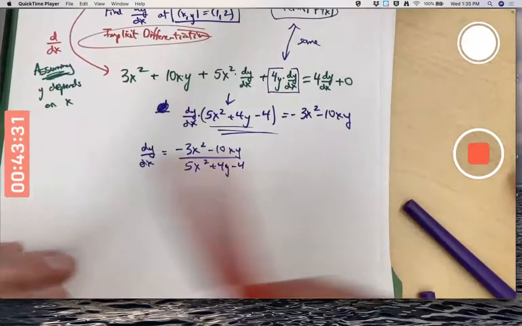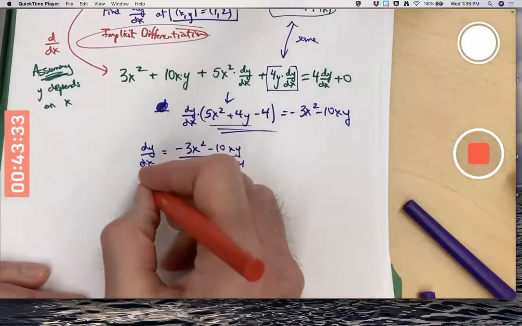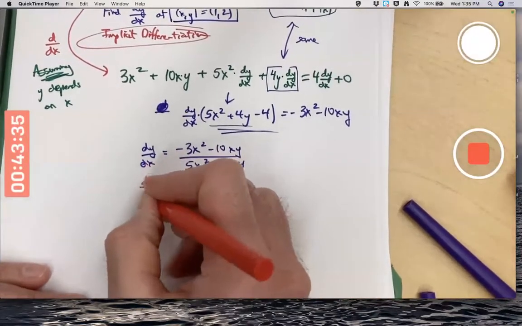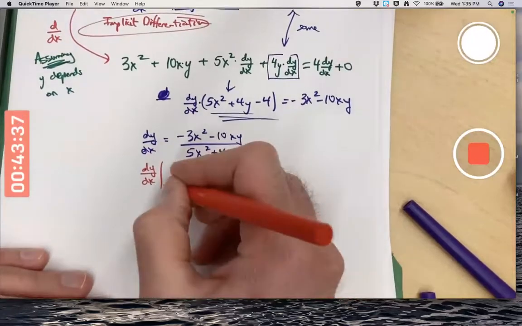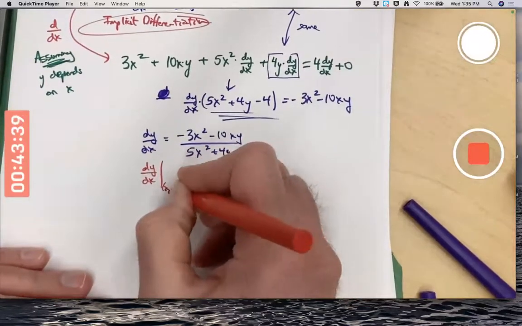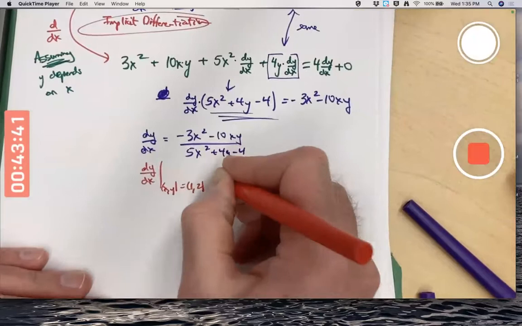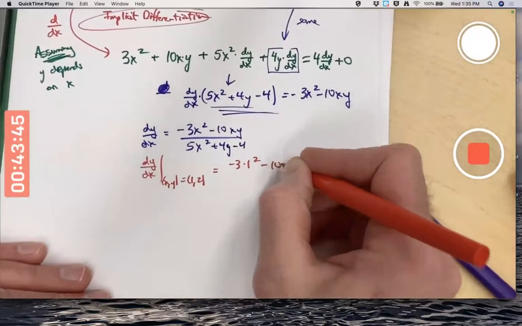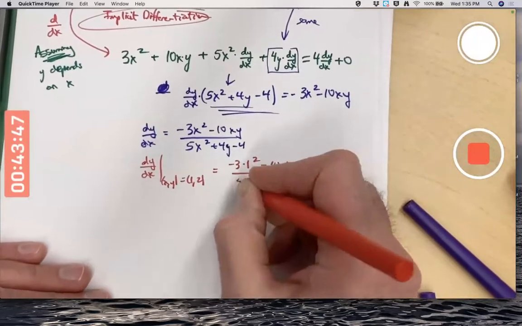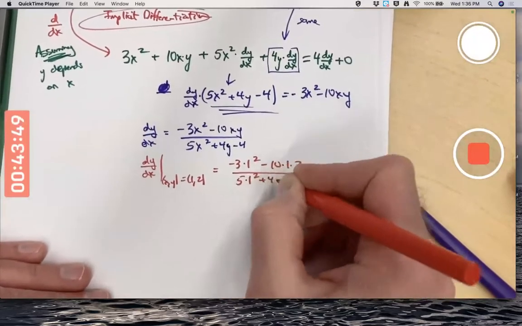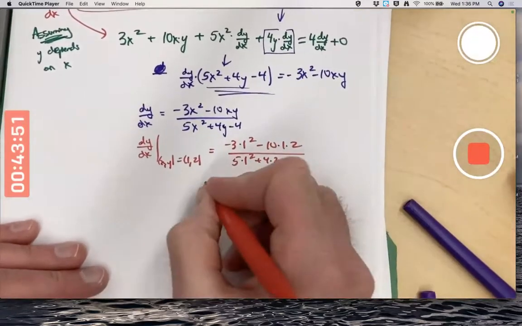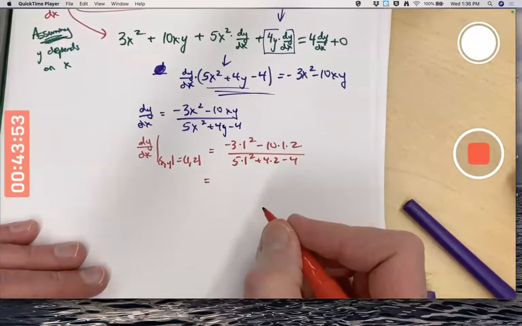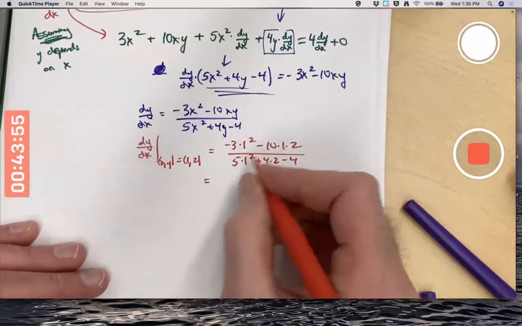Hang on here, pretty important stuff left. Go ahead and now evaluate this at the point 1, 2. We could use the vertical line symbol if you like. 1, 2. If you do so, you get negative 3 times 1 squared minus 10 times 1 times 2 all over 5 times 1 squared plus 4 times 2 minus 4. Plugging in x equals 1, y equals 2. Hopefully I'm not making any mistakes.